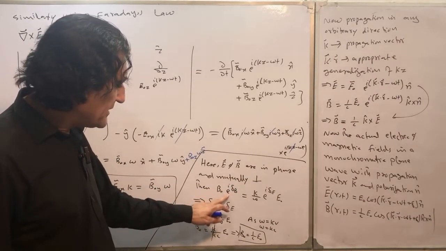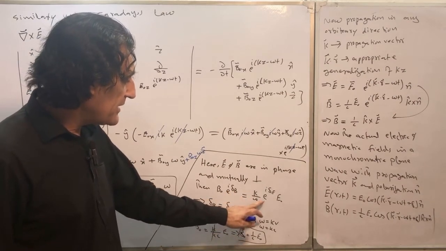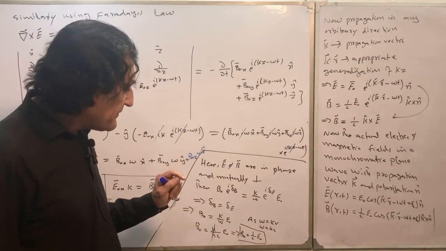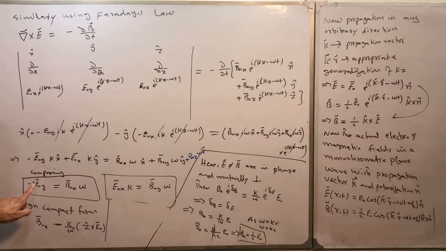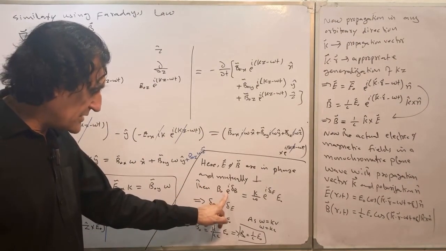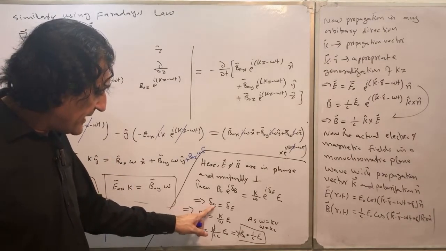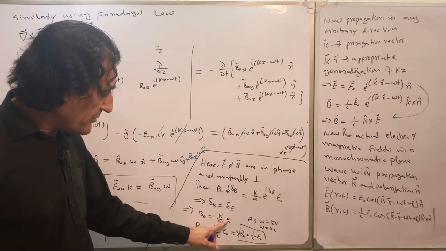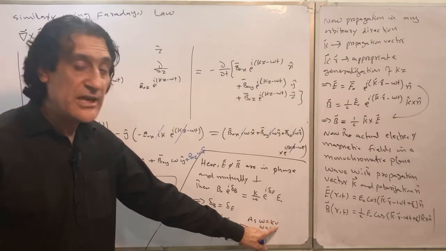Then B naught e to the power iota delta B is equal to k divided by omega e to the power iota delta E; the phase of the electric field and the phase of the magnetic field are in phase. Then after removing the tilde, we can use e to the power iota delta B, because this is the phase term. And whenever the phases are equal, we get B naught, which is equal to k divided by omega E naught.